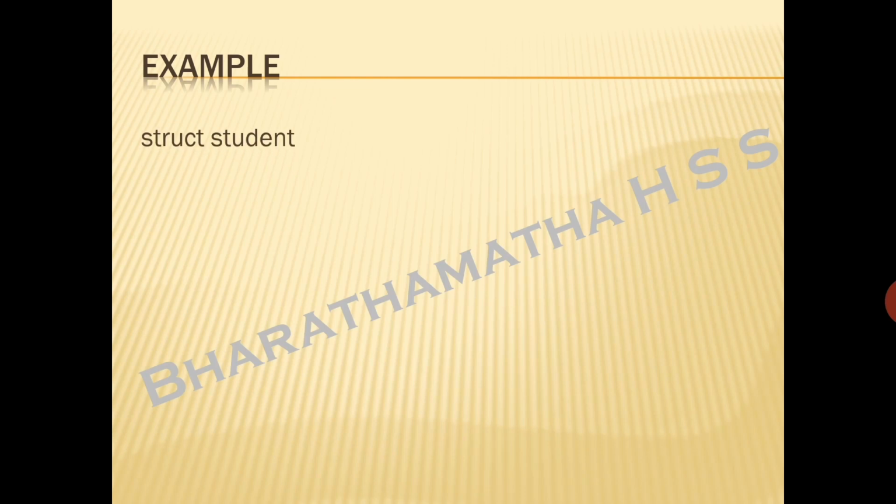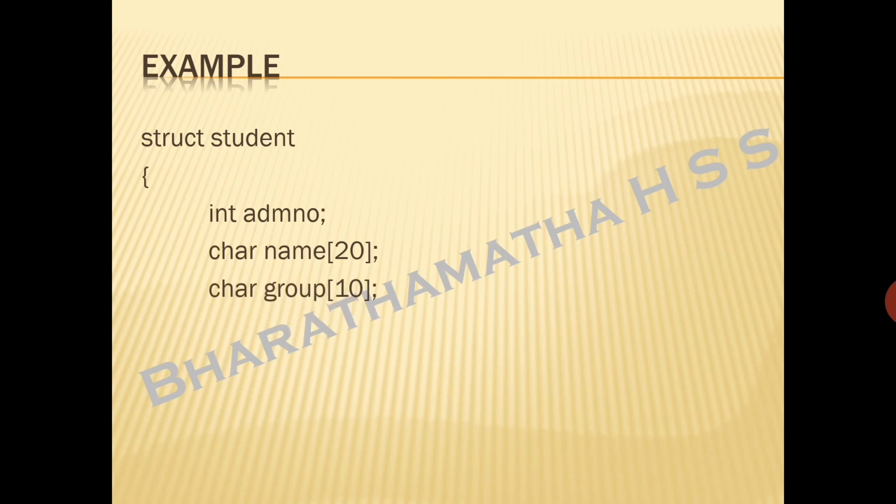Now look into the student example. struct is the keyword. Student is the name given to the structure. Then open curly brackets. int admission number, char name of 20, char group of 10, char section, float fee, then close the curly bracket and keep a semicolon.